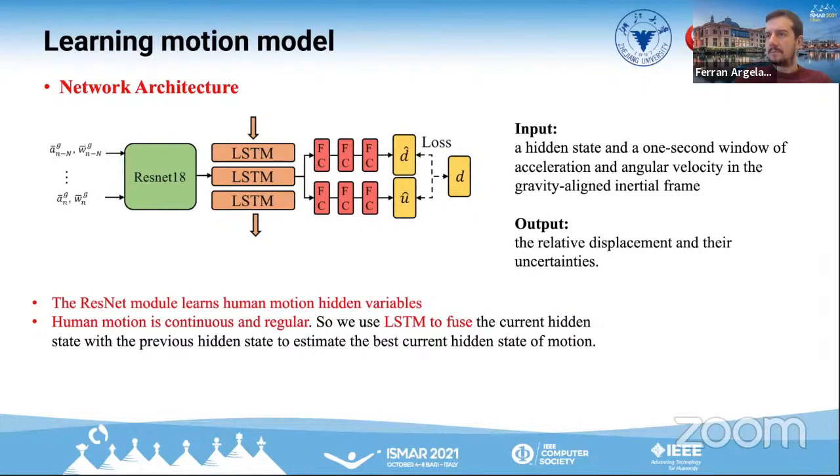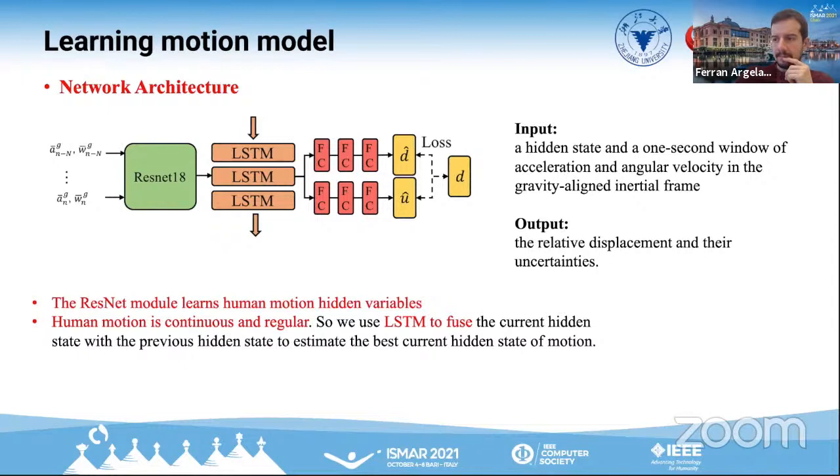We use the ResNet module to learn human motion hidden variables. However, we believe that human motion is continuous and regular, so we use LSTM to fuse the current hidden state with the previous hidden state to estimate the best current hidden state of motion. Finally, 2 fully connected layers are used to regress the relative prediction of the window and the corresponding covariance.